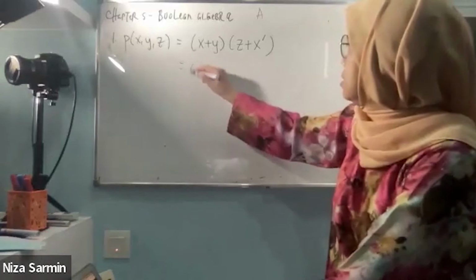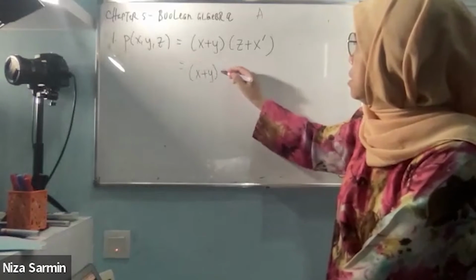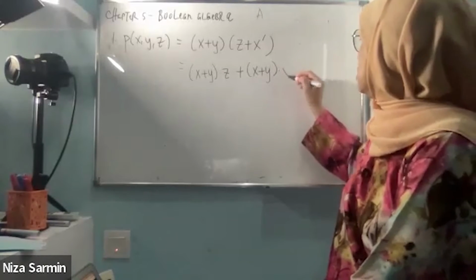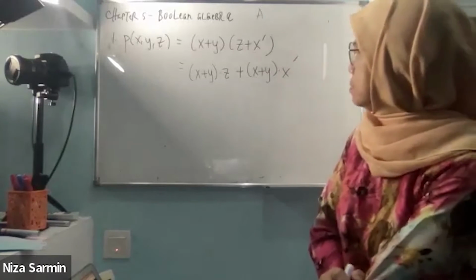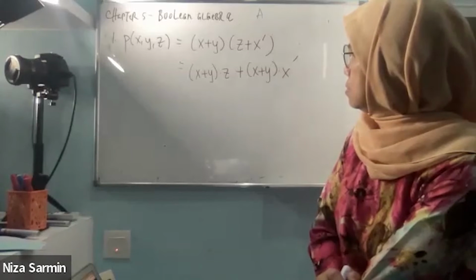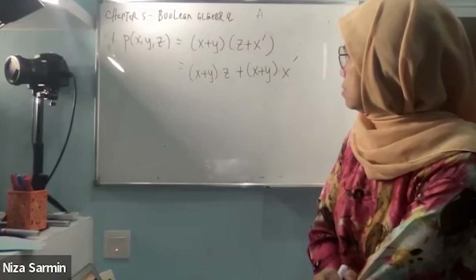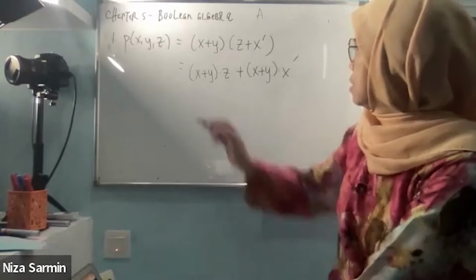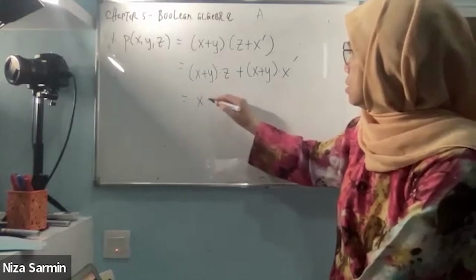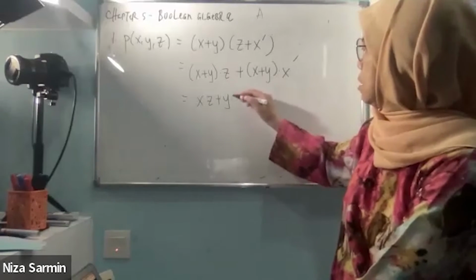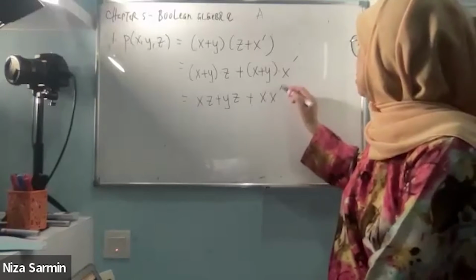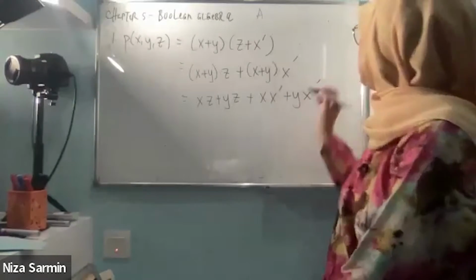You can write this as X plus Y times Z plus X plus Y times X prime. Which is equal to XZ plus YZ plus X prime plus Y X prime.